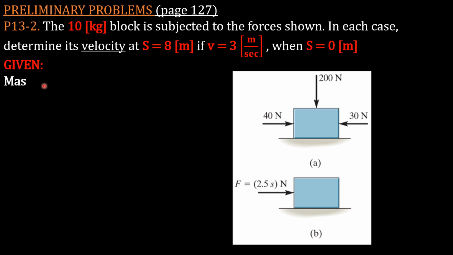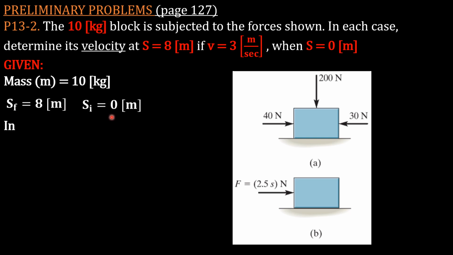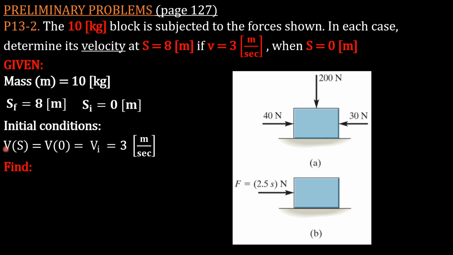So here what's given to us is a mass m of 10 kilogram, and we have a final displacement of 8 meter and an initial displacement of 0 meter, and an initial condition where the velocity as a function of displacement, when the displacement is 0, is 3 meter per second. We're asked to find the velocity at a displacement of 8 meter, or final velocity.